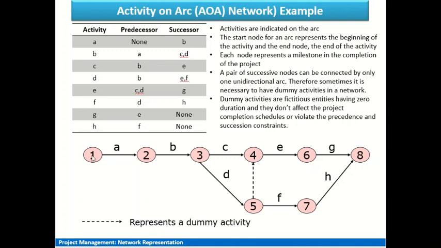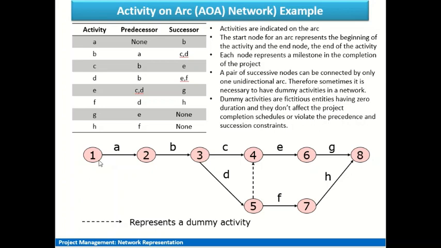Here we have to meet certain conditions, or we need to be cautious that there is a condition that a pair of successive nodes can be connected by only one unidirectional arrow. Means between any two nodes there will be only one single connecting arc or arrowed line.